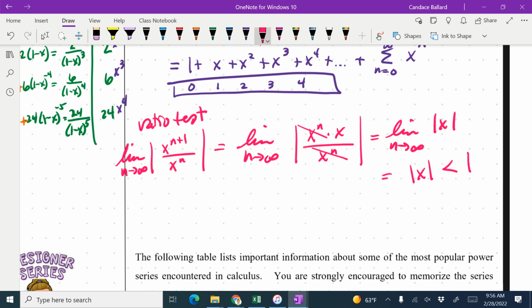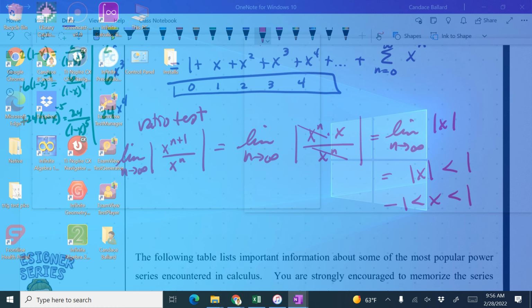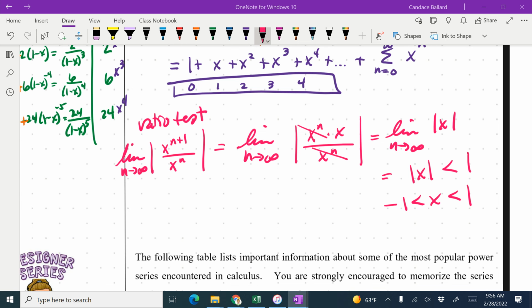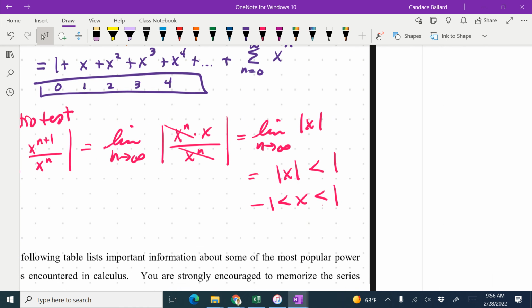Which means that the interval we're looking at is between -1 and 1. But remember how we had to check the endpoints? So we need to do some endpoint checking to determine if we have equals to or not. This is good practice of that.